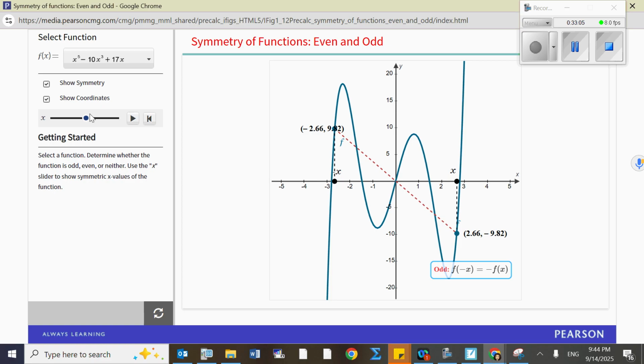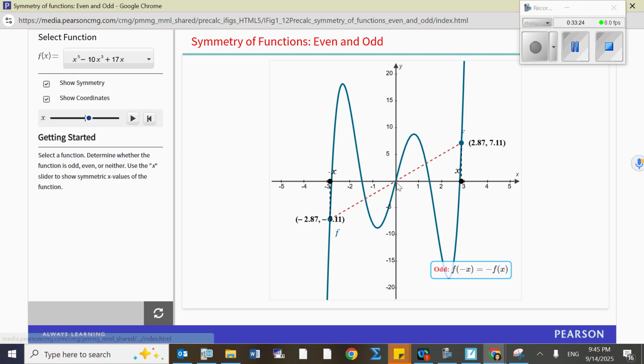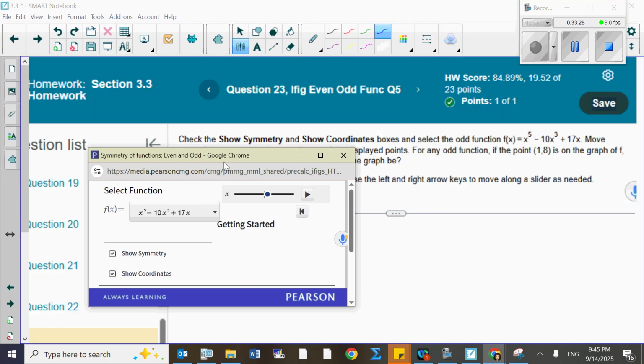So first of all, I want you to pay attention and notice that this function is an odd function because any point on one side of the origin has a mirror on the other side. You see, any point here has a symmetry on the other side. So now let's go back to the question.